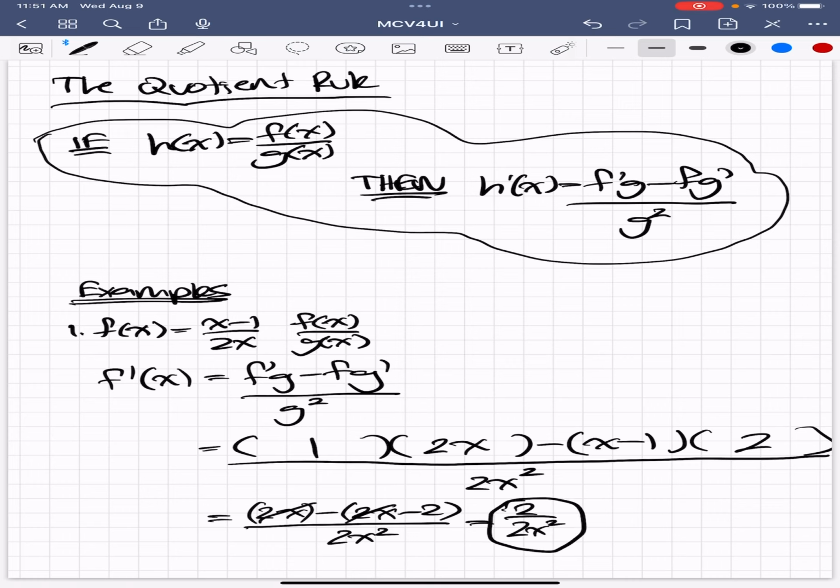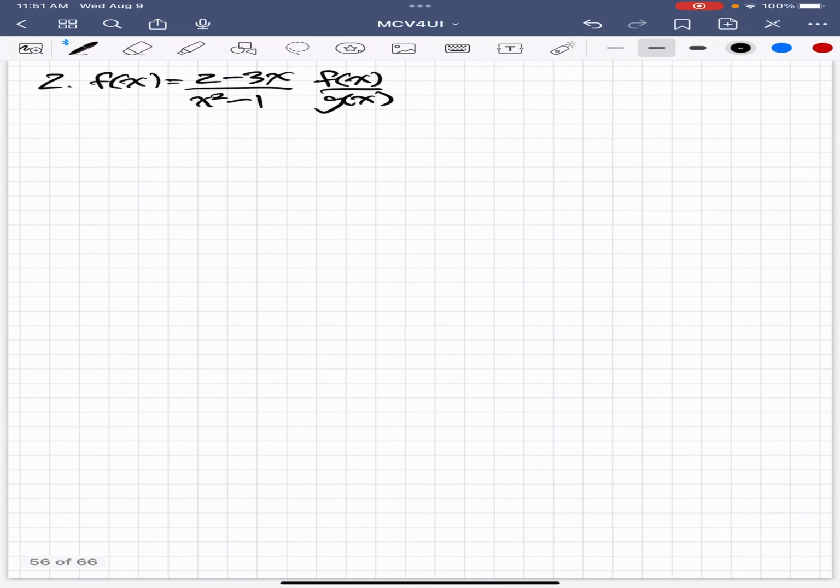And then our answer is 2 over 2x to the power of 2. Moving on.